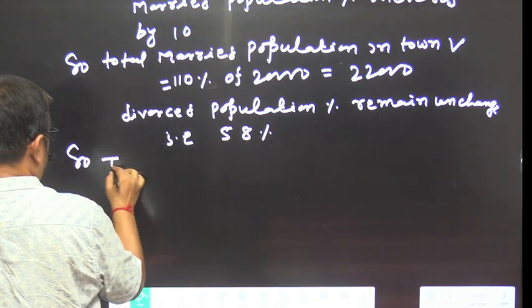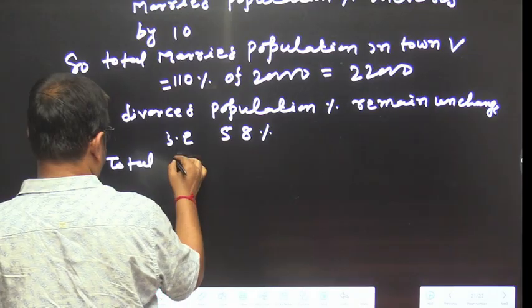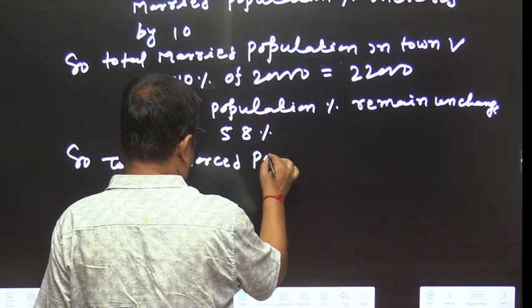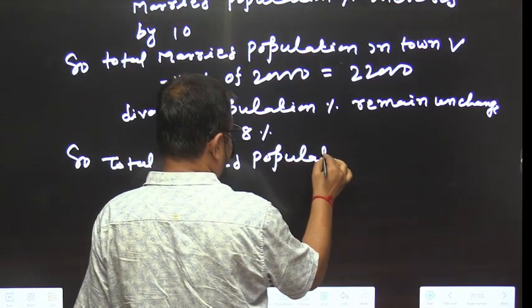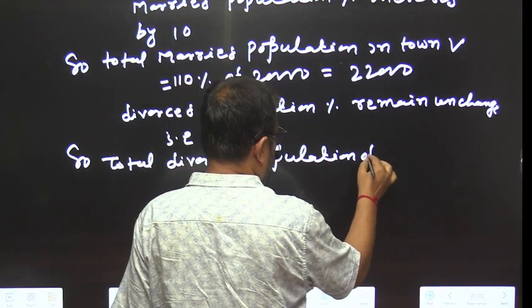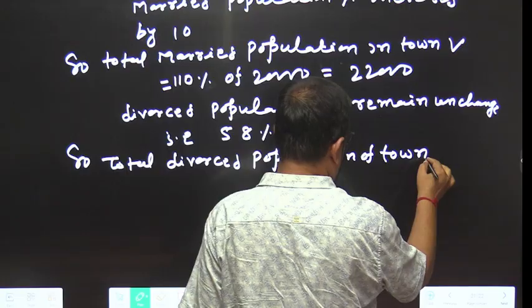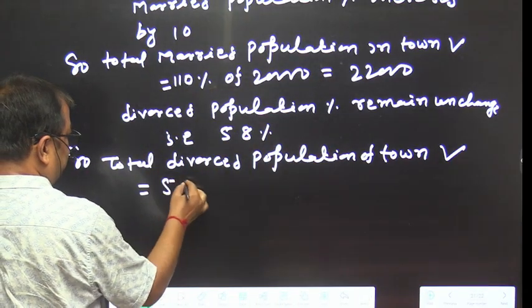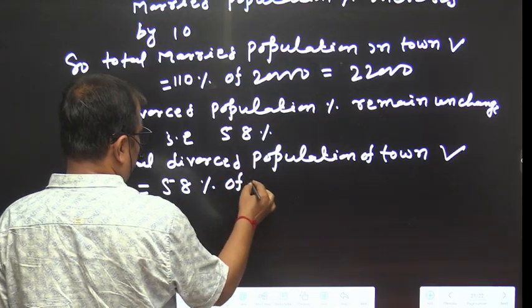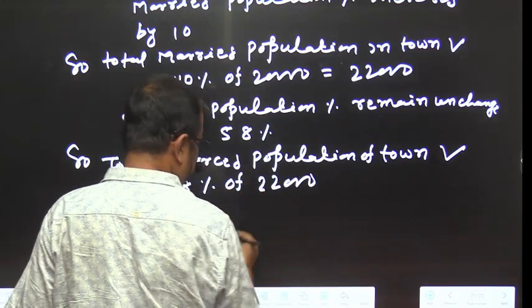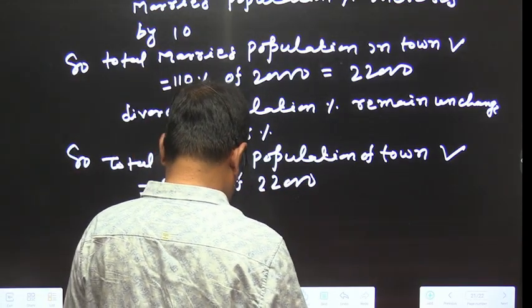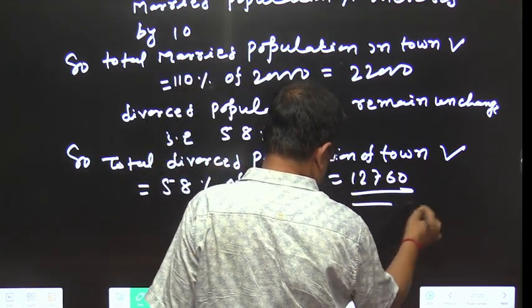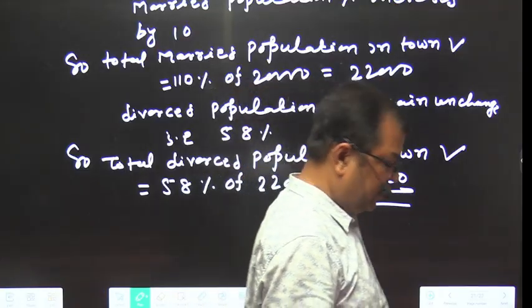So total divorced population of town V equals to 58% of 22,000 equals to 12760. So this is required result.